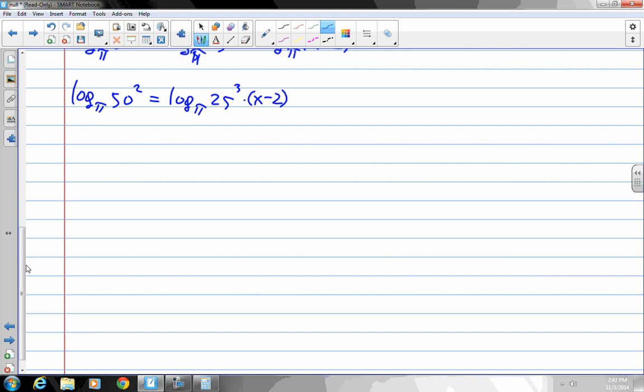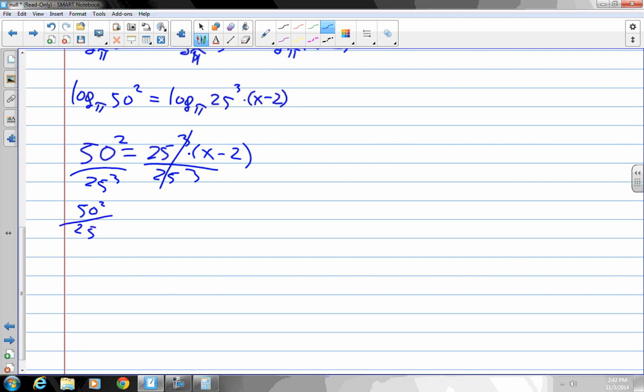I can just automatically equate the insides. And that's a linear equation. I can divide both sides by 25 cubed. So it's 50 squared over 25 cubed equals x minus 2. So just add 2 to whatever that thing is.